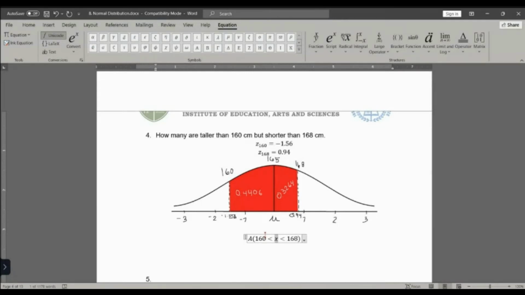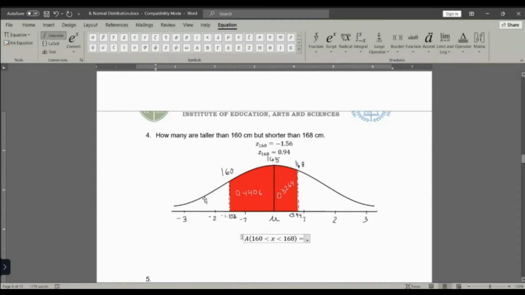So x here is greater than 168. Greater is taller, right? While x here is less than 168. Less is shorter. Ito yung symbol natin.